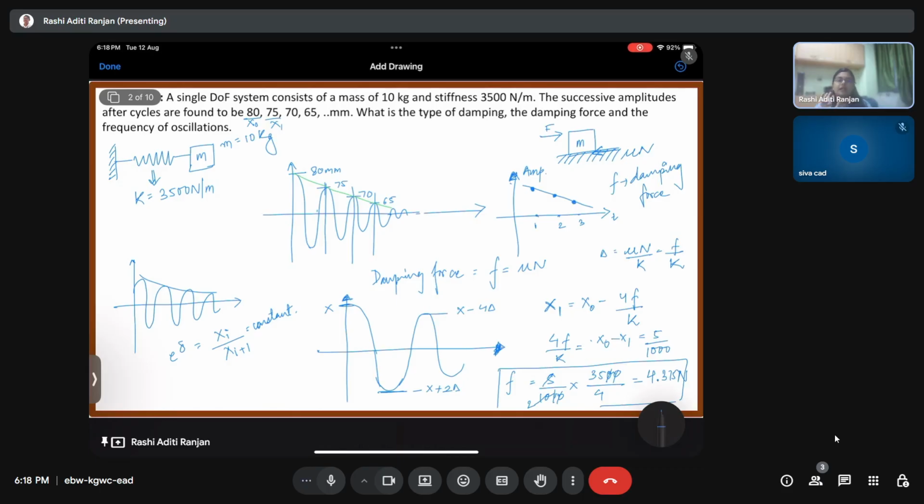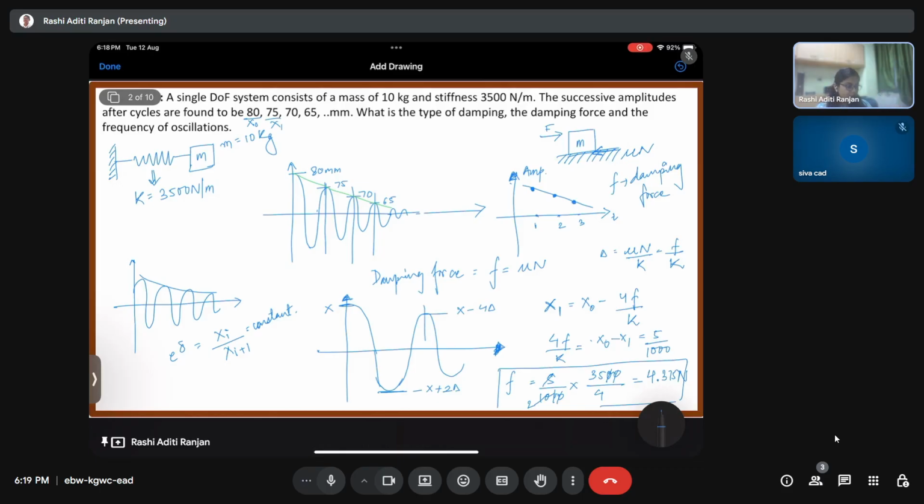In this case, that is not the same. In this case, the system is going to oscillate with the natural frequency itself. Okay, there is no concept of damped natural frequency or anything. It will oscillate at the natural frequency only. Okay, so if we find out the natural frequency of the system, that is going to be the frequency of oscillation.